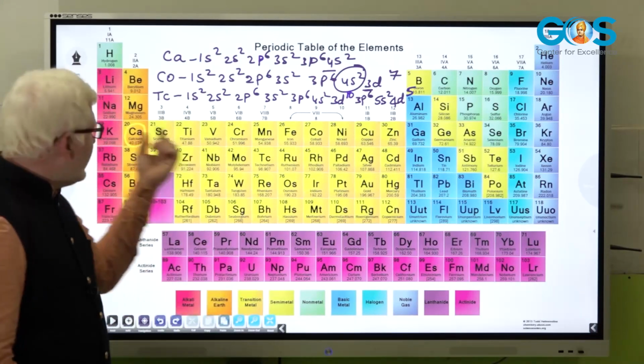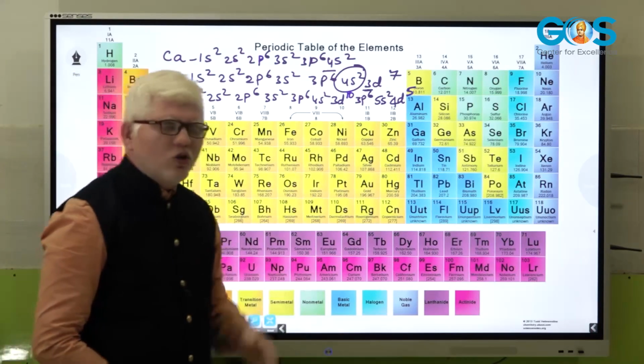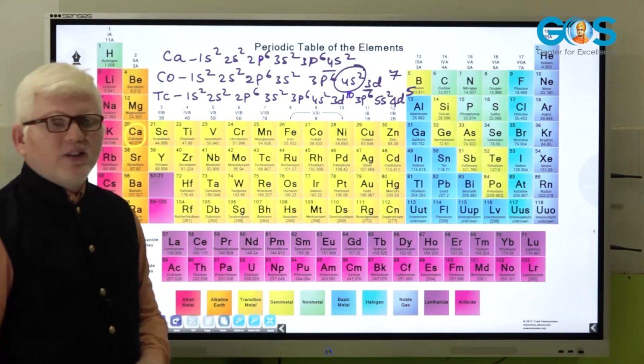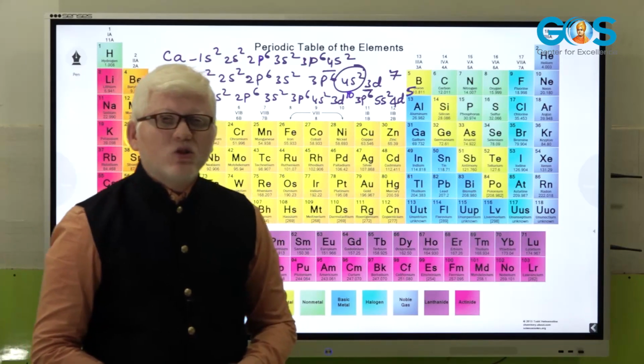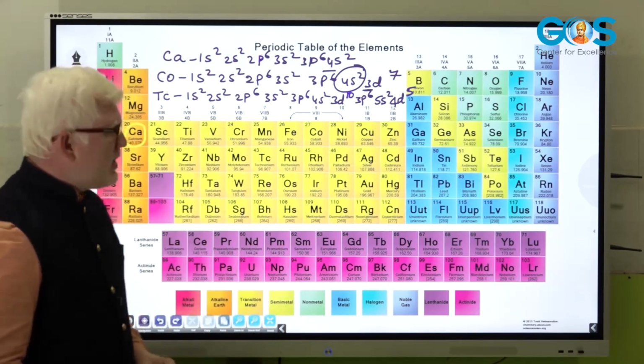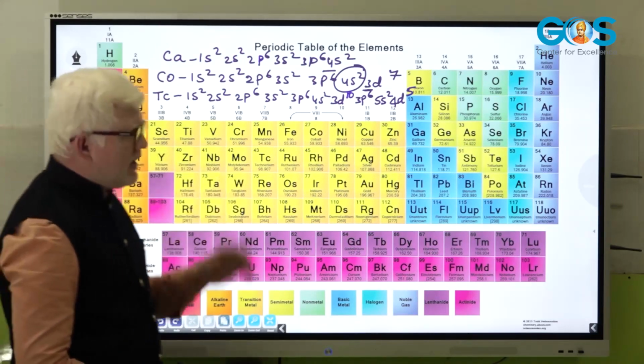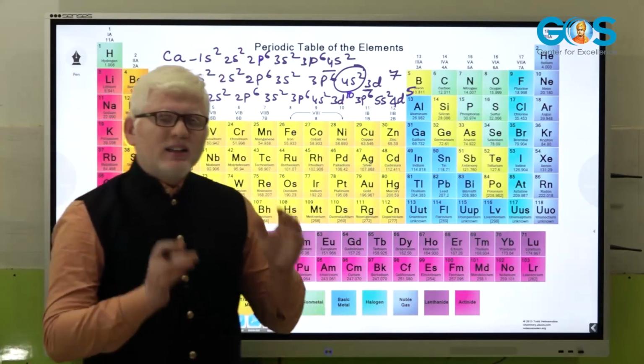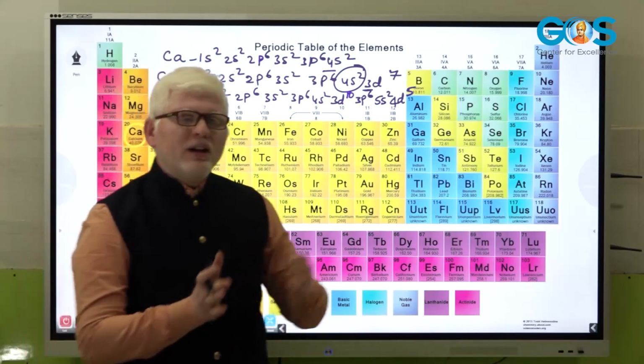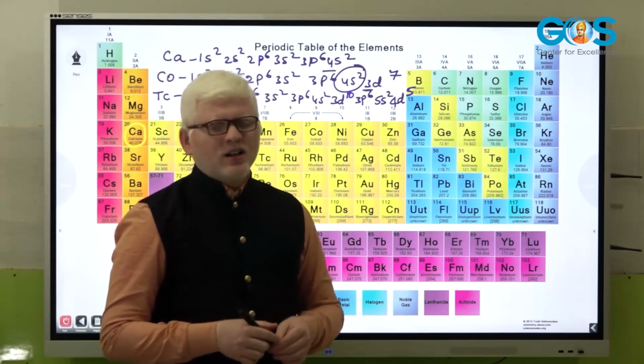That's why the element is placed in the A subgroup. Have you understood why we divided the groups into A subgroup and B subgroup? For the elements under the A subgroup, the last electron will be entering the last orbit.